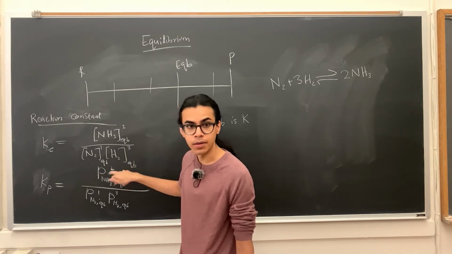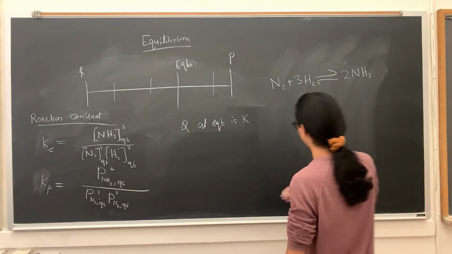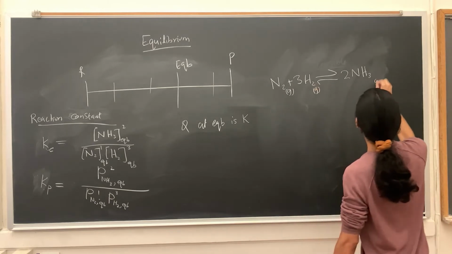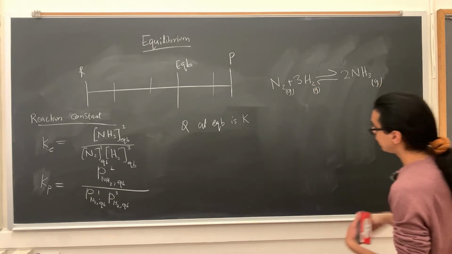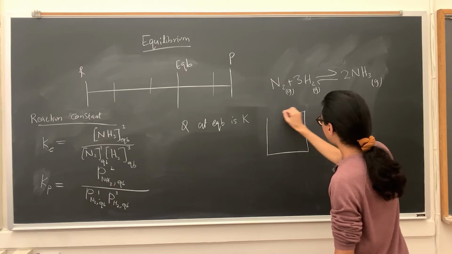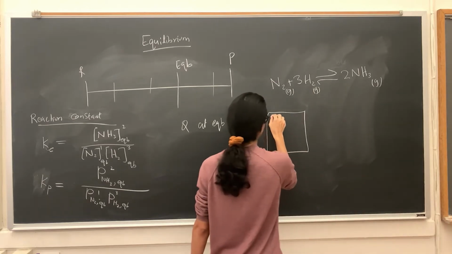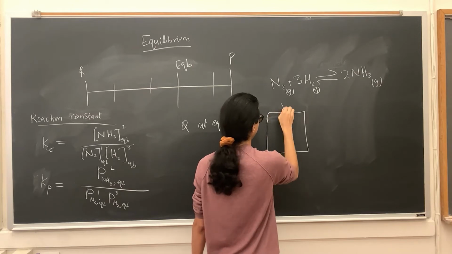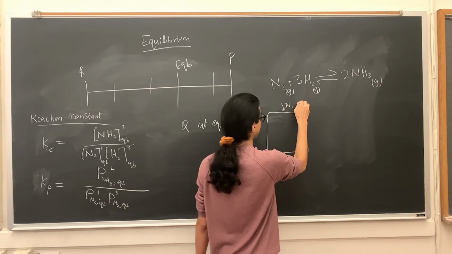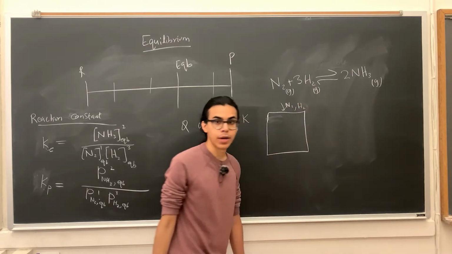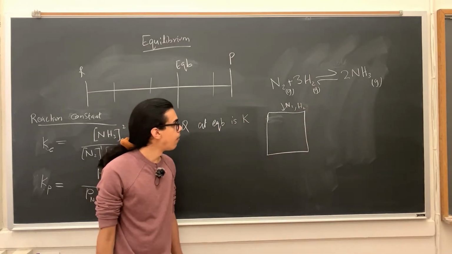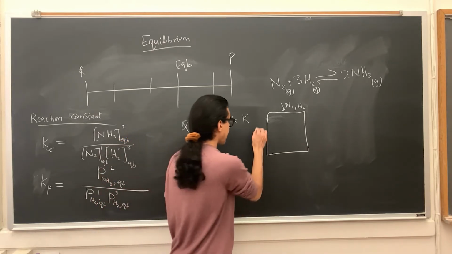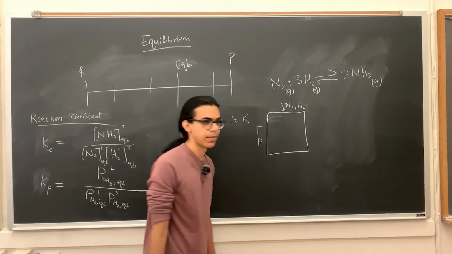You know what's going on here? So for example, let me illustrate this. These are all gases, right? Let me take a tiny container and fill it with only nitrogen and hydrogen, and maintain the temperature and pressure to be something.